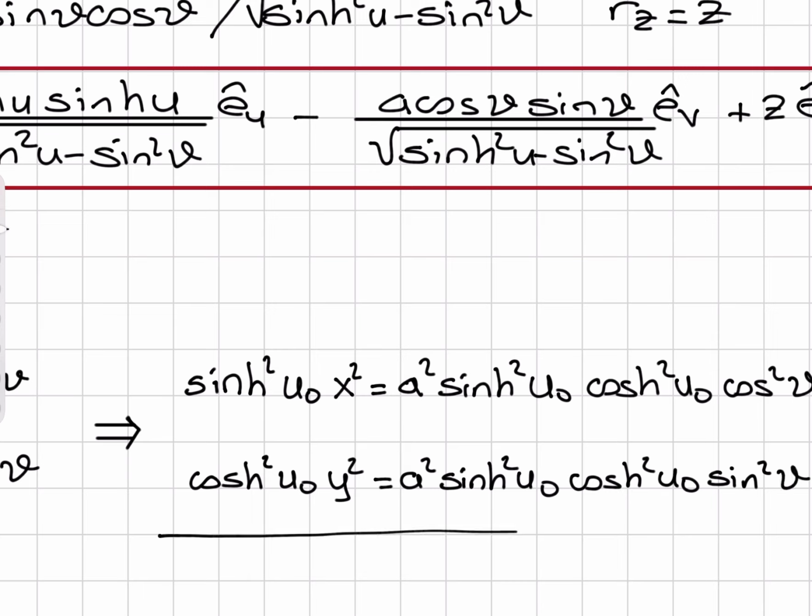And let's add these two expressions. Now I can see that I have the same prefactor for cosine square and sine square here. So if I add them up, I will have cos square v plus sin square v multiplied by a square sinh square u0 cosh square u0. On the left-hand side, I will have sinh square u0 x square plus cosh square u0 y square.